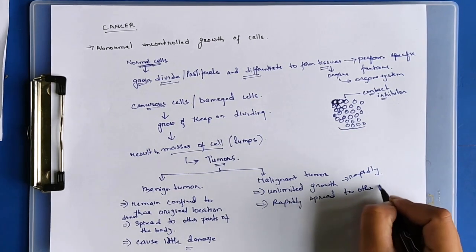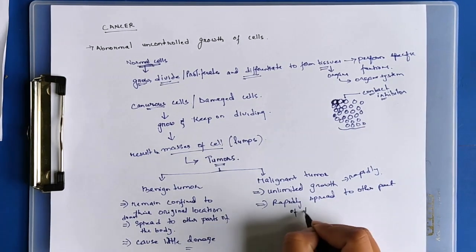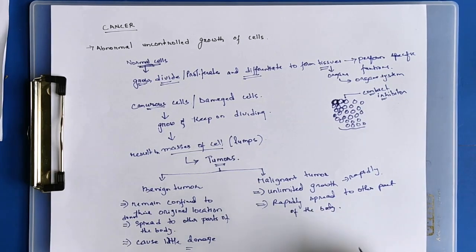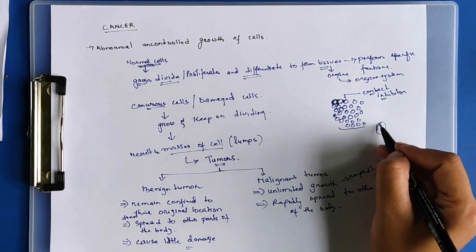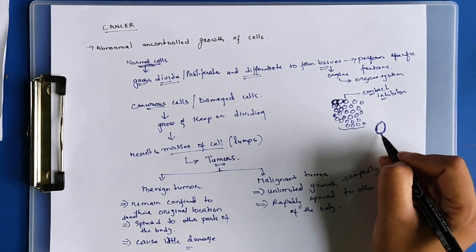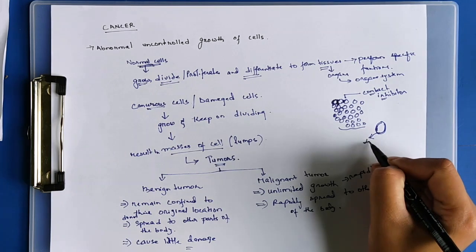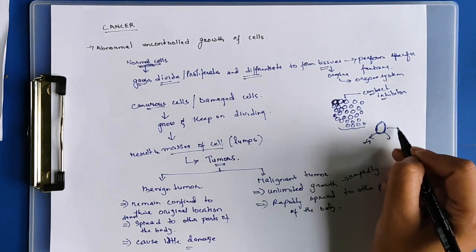Suppose again in the breast, the tumor is detected, and it can spread to lymph nodes and other organs.